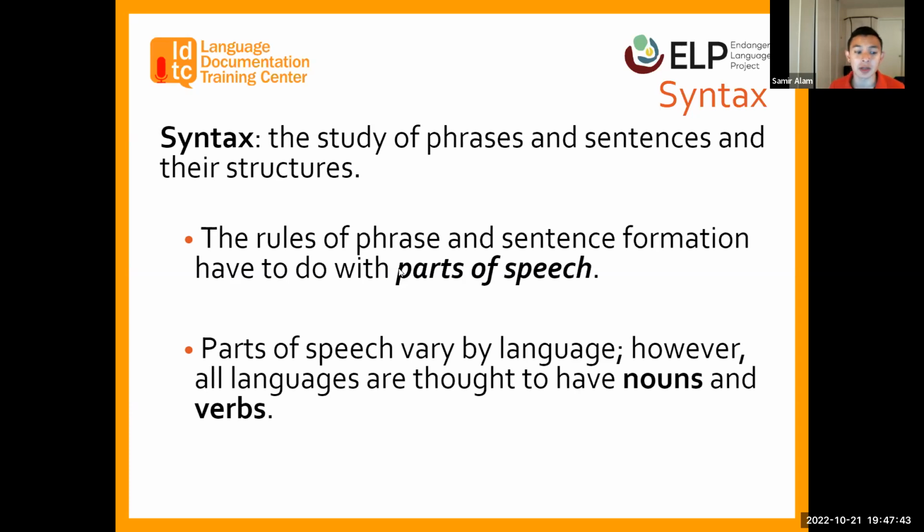Every language is also going to have different types of parts of speech. Some languages have more categories than others, or some may use them differently. But all languages are at least thought to have nouns and verbs. So any questions up to now about what syntax is, what we're covering in this mini unit?